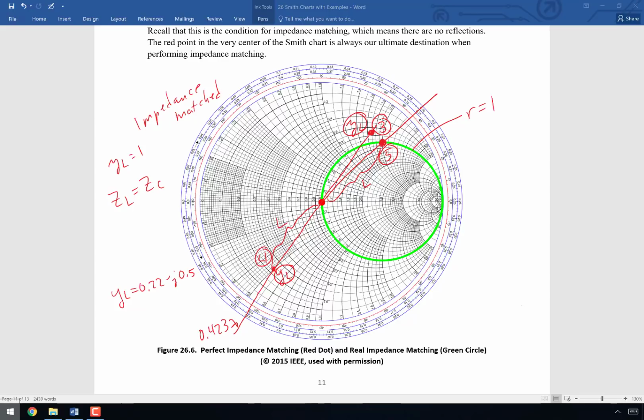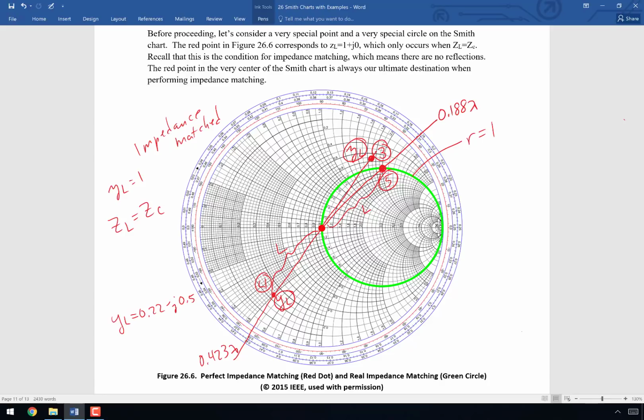It's a graphical technique. That's not going to be a surprise. When we come over here, we find that this is 0.188 lambda. And so now I need to figure out how far I moved from this point as I go around the arc. How far did I move to get over to 0.188?